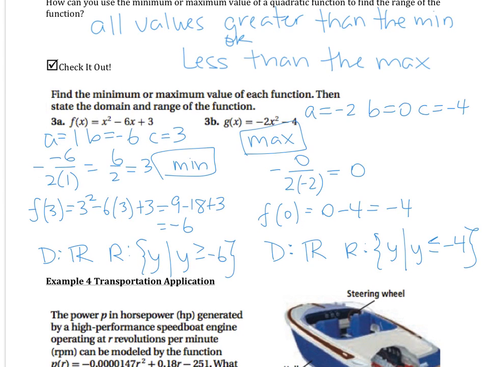Because you have a max this time, your A is negative, your range has to be less than.